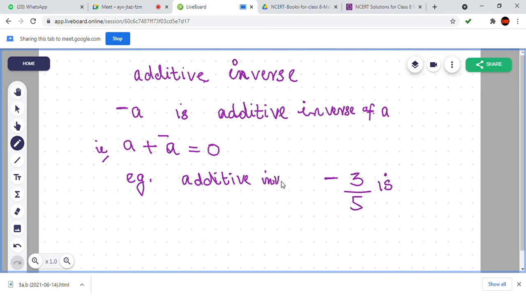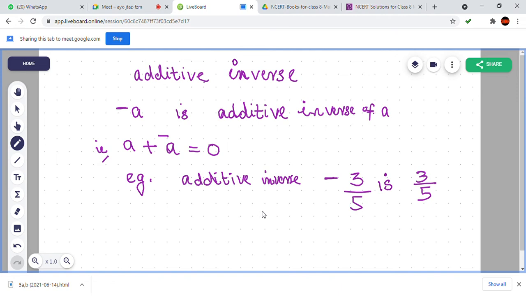Positive 3 by 5. Okay, very good. So for additive inverse, we just need to change the sign. The additive inverse of positive 3 by 5 is negative 3 by 5. Additive inverse means just reverse the sign.